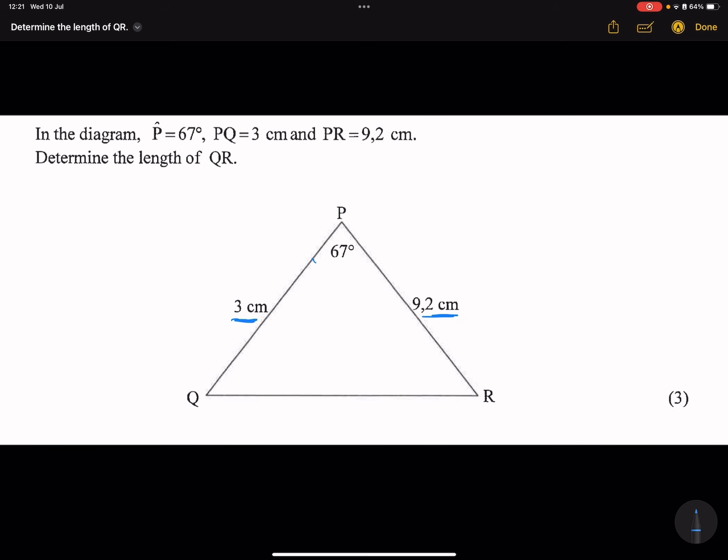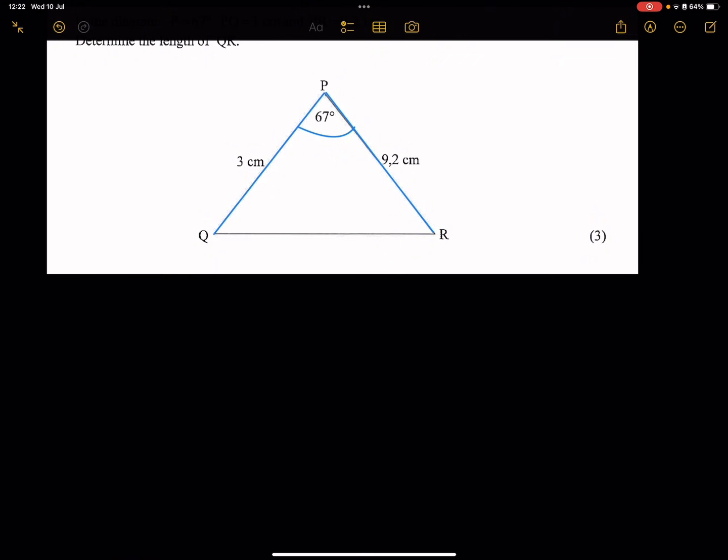And do you see that I've got an angle in between, which is angle P. So in this case, I've got two sides and an included angle, ladies and gents. I'm given side PQ, side PR, and the angle in between those, and I'm looking for the side opposite that angle. So definitely this calls for the cosine rule.